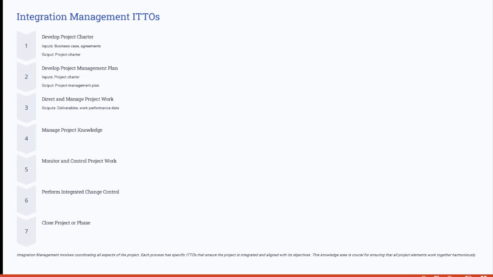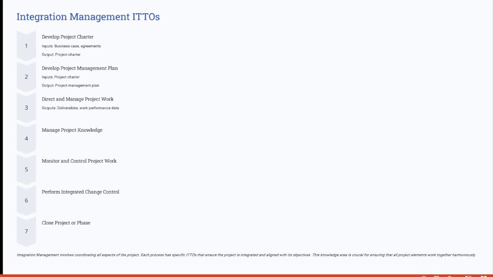The key main processes involved in integration management, for example: you start with developing the project charter, then you develop the project management plan, and then that integrates with the direct and manage project work, which is in the executing process group. So think of developing the project charter as an initiating process group, and then you go to the planning process group when developing the project management plan, and then you integrate that into directing and managing project work in the execution process group.